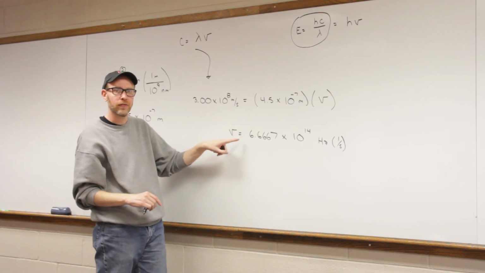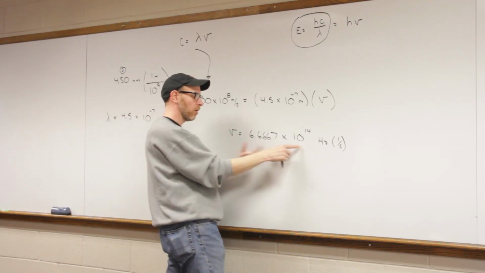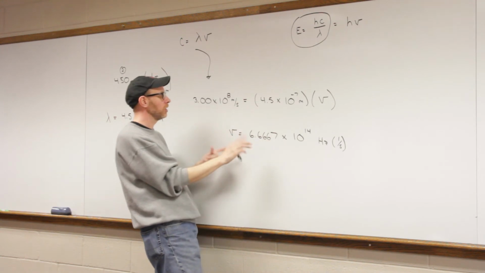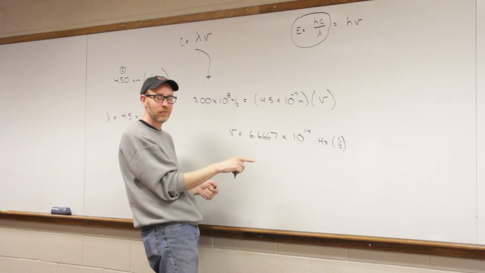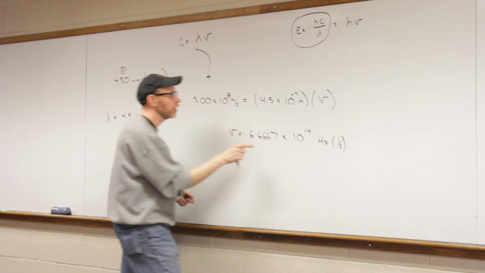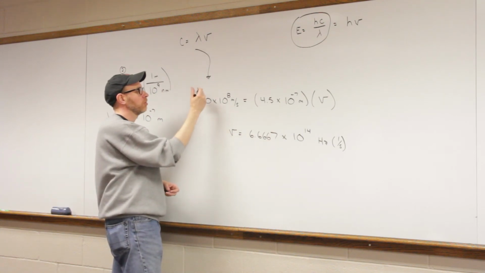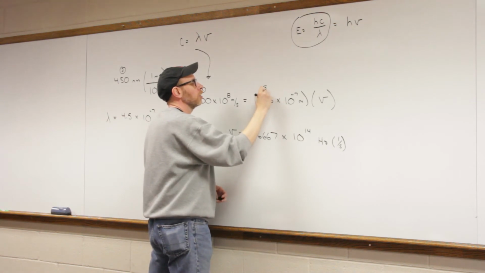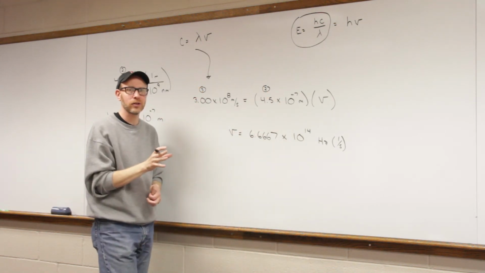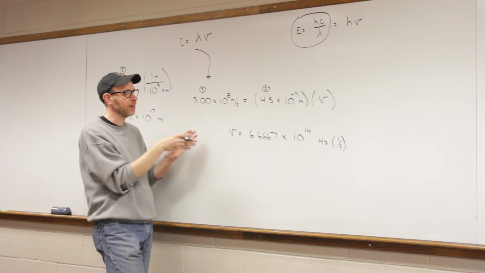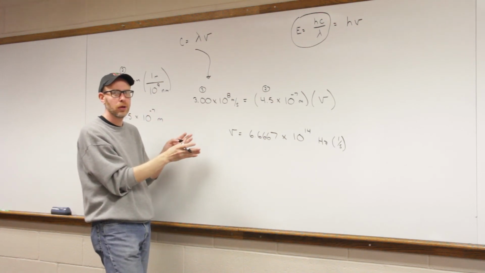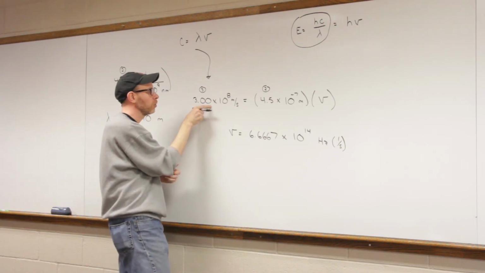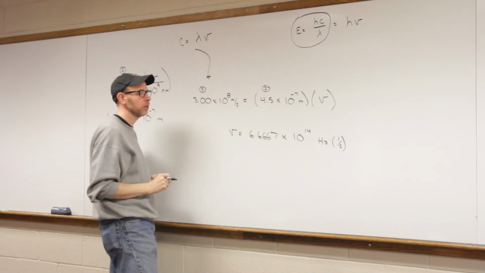Now, one thing that we sort of neglected is this number. I put a whole bunch of digits here, but in reality, it doesn't have this many significant figures. So how many would it have? Well, I had a number that had 3 to begin with, and a number that had 2 to begin with. And boy, does scientific notation really help with significant figures, because only the significant figures should be included.